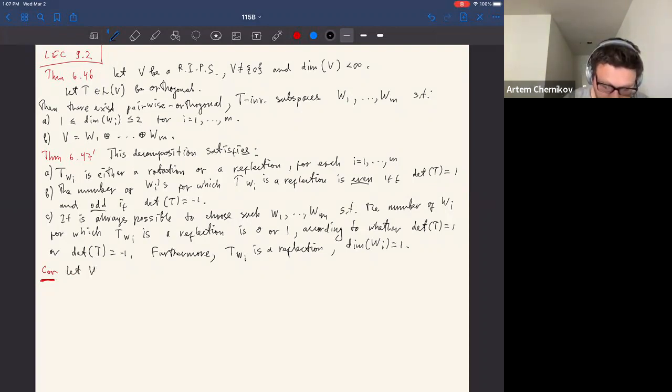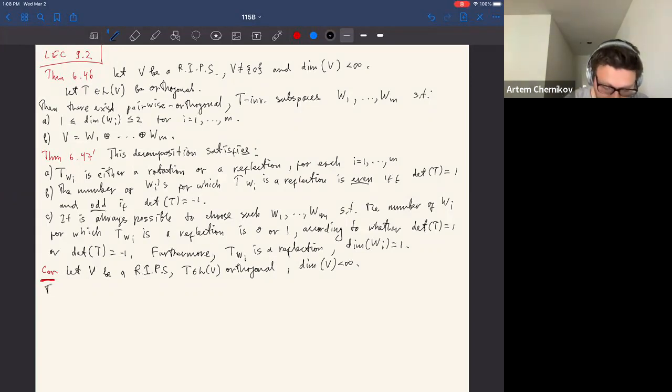We assume that V is a real inner product space, T, a linear operator on V, is orthogonal, and as usual, the dimension of V is finite. The same assumptions.